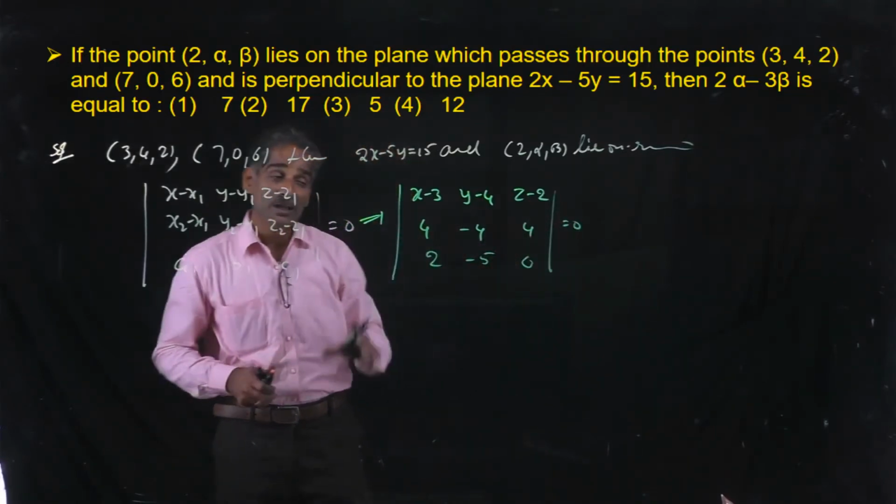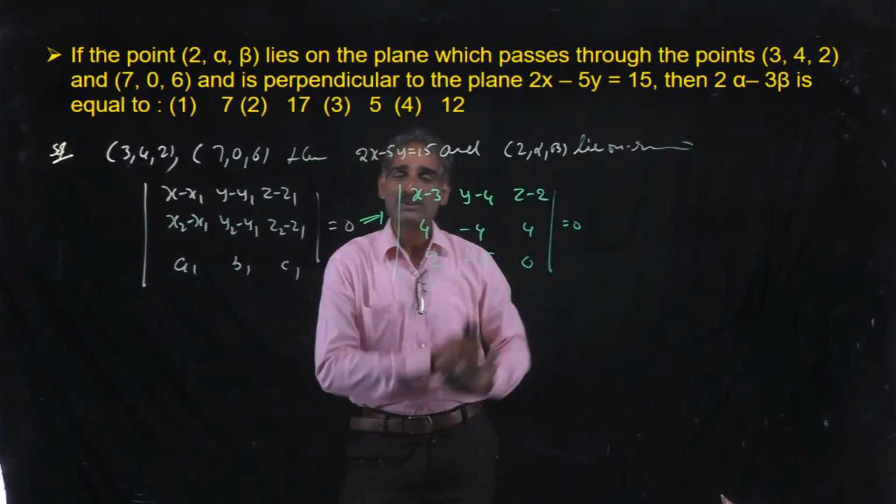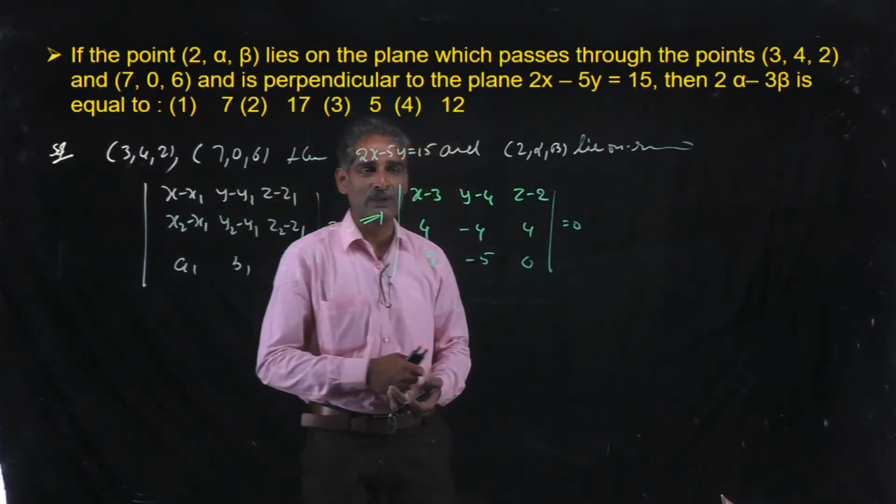So the determinant of this one gives the equation of the plane passing through 2 points perpendicular plane.